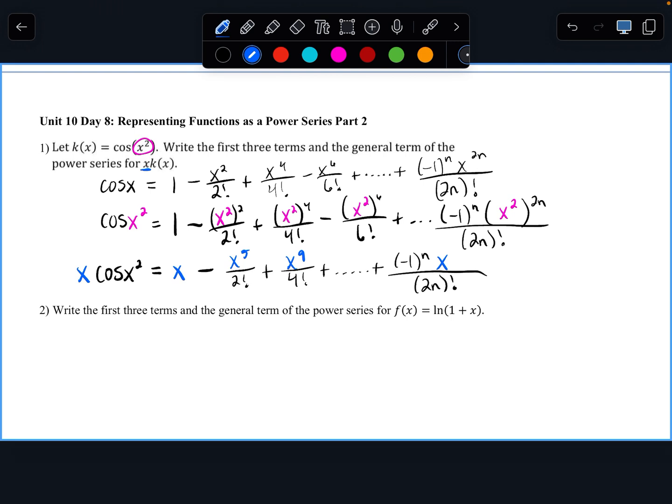Because you did 2 times 4 is 8, so that'd be 4n. You multiply it. But then when you multiply everything by x, you add to the power. So this was 4 before, now it's 5. This was 8 before, now it's 9. This would be 12, add 1 would be 13, so it's 4n plus 1. And that'd be the answer.